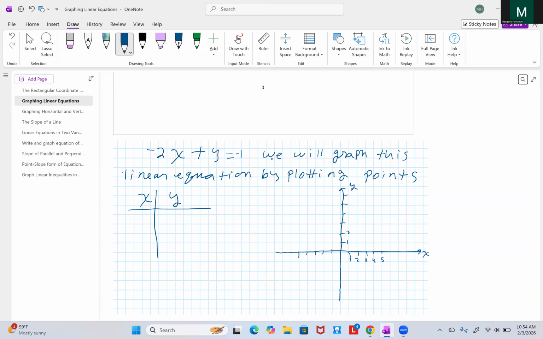So 1, 2, 3, 4, 5 in the positive direction, and minus 1, minus 2, minus 3, minus 4, minus 5 in the negative direction.